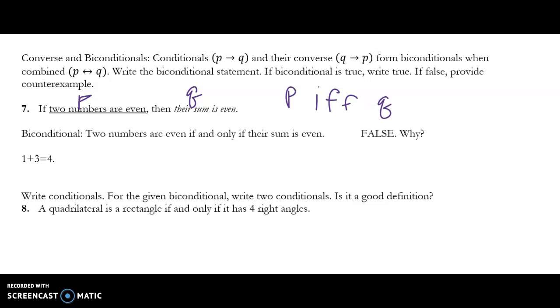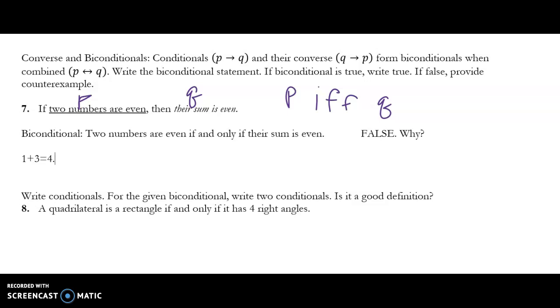That disproves the statement. So the original conditional statement, if two numbers are even, then their sum is even, is true. But if you say that if the sum of two numbers is even, then the two numbers are even, that's false.